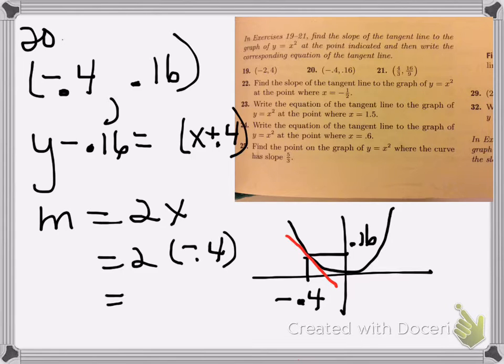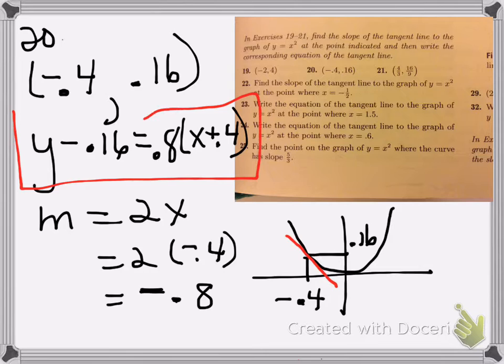So my slope in this case will be -0.8, and that I'm going to put right here. So the equation of the red line is in the red box. So make sure that makes sense to you. And then we're going to go on to 21, which is working with fractions on the next slide.